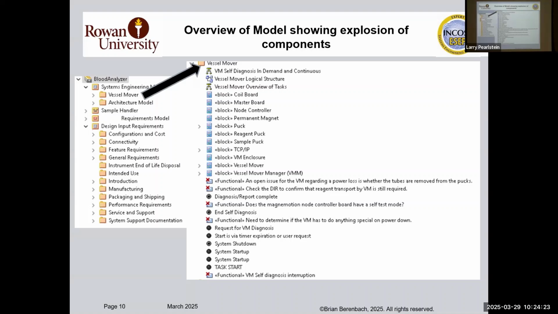So the solution is obviously move the test tube, right? It's a lot easier to move than a whole analysis box. So we have a vessel mover, and then we have the architecture model, and here you see the other pieces, including performance requirements, packaging and shipping, manufacturing.